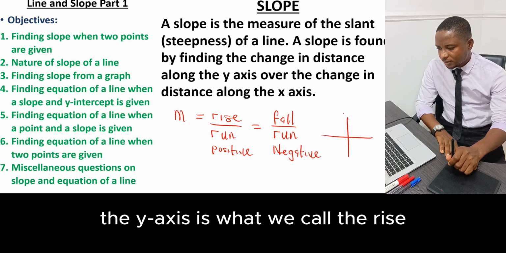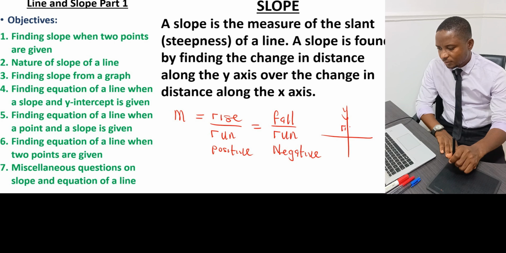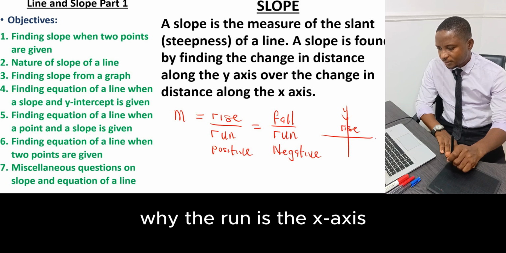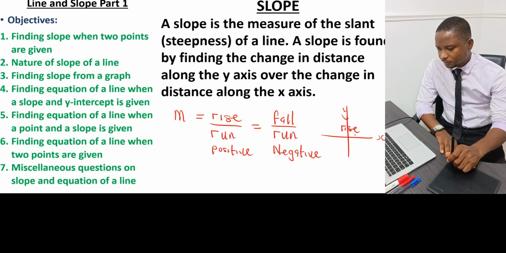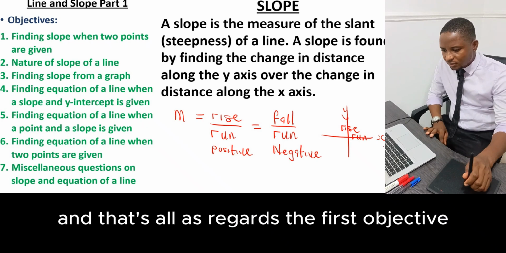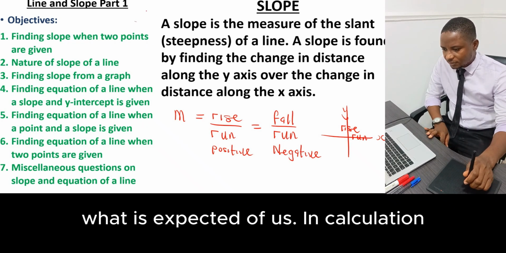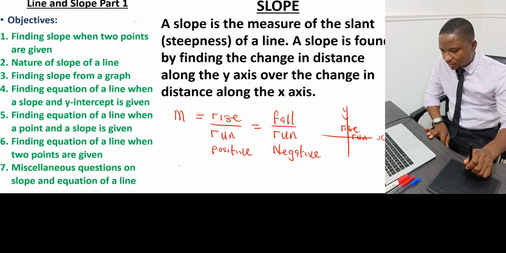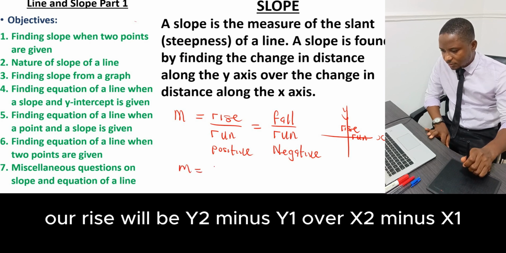The y axis is what we call the rise, while the run is the x axis. And that's all as regards the first objective. What is expected of us in calculation? Our rise will be y2 minus y1 over x2 minus x1.